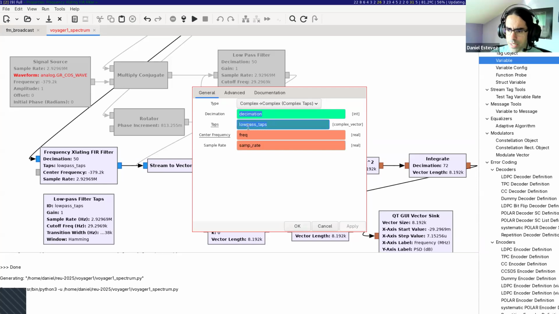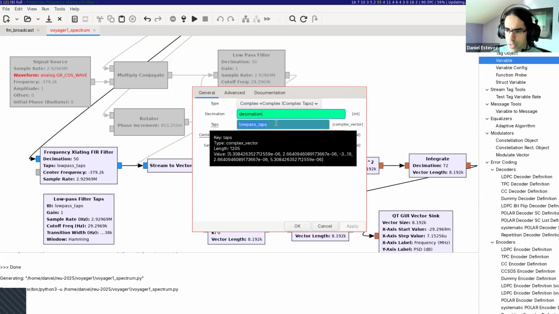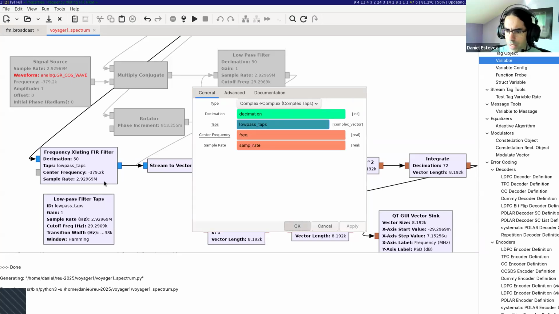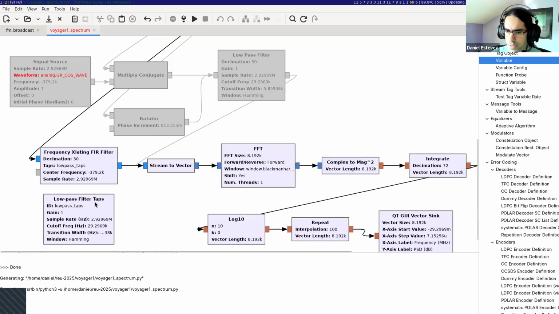So taps. The taps are a list of numbers, and you can even see them if we mouse over. It's a complex vector, length about 1200 numbers, and we can see a few of them there. How do we calculate these low pass taps? There is this low pass filter taps block, which is just like the low pass filter.